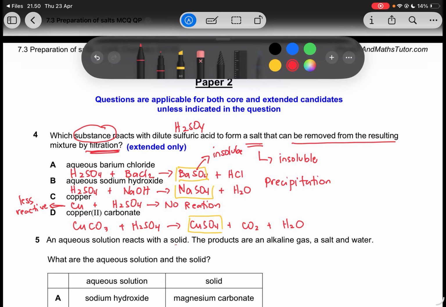Technically that should be our answer already, letter A. But let's check the other letters as well. Sodium sulfate: all sulfates are soluble except for barium, calcium, and lead. So potassium and copper sulfate are all soluble.